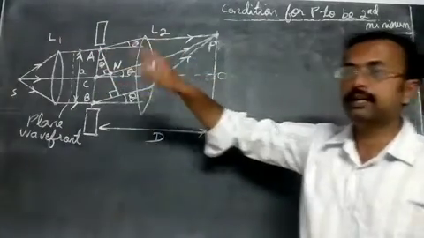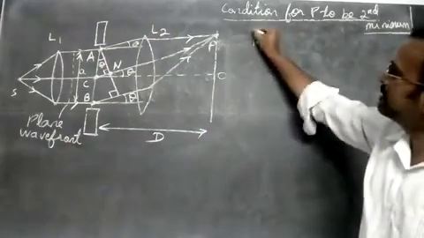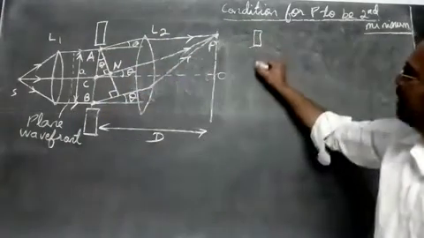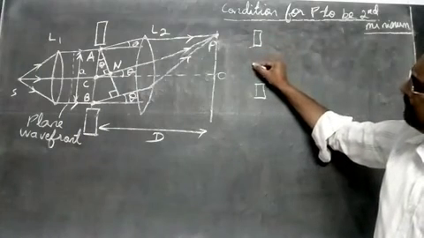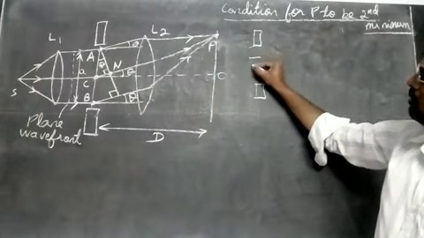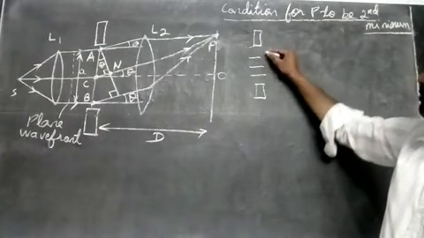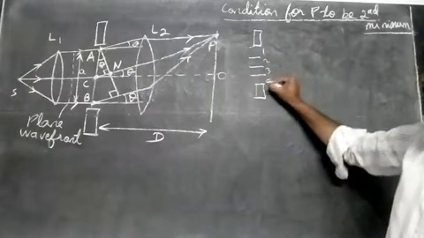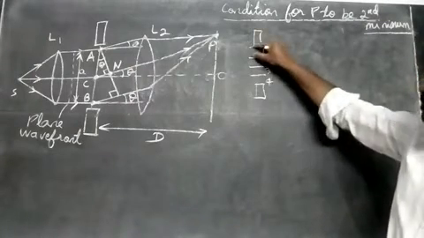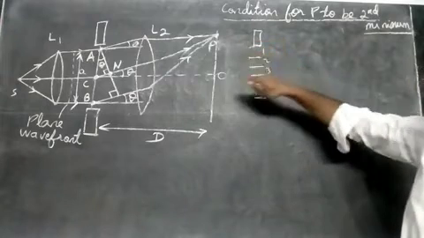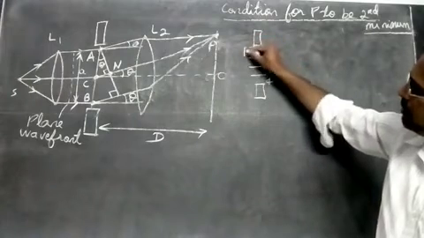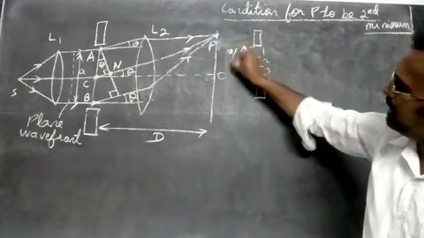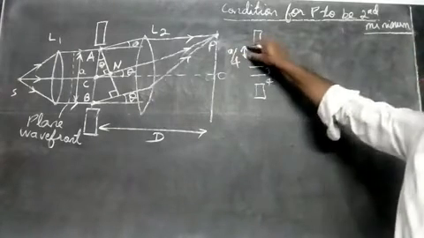Now we'll divide the slit into 4 parts: 1, 2, 3 and 4. The full length is A, so each part will be A by 4.